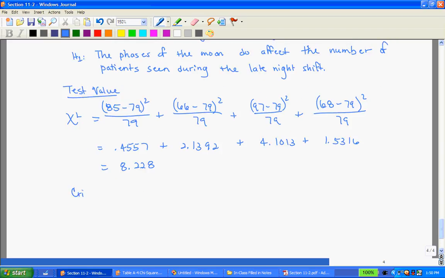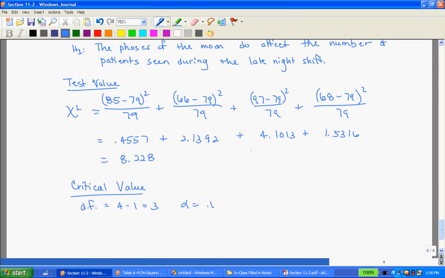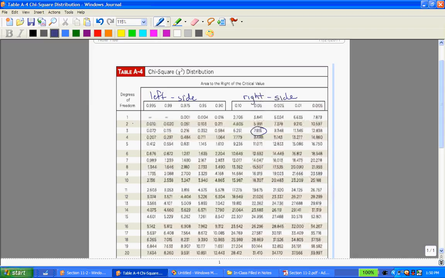And then for my critical value, first I need my degrees of freedom. Again, we have 4 categories, so that's 4 minus 1 or 3. And alpha was, what did they tell us? 0.1. So I go on my table, go down to degrees of freedom 3, go over to 0.1.